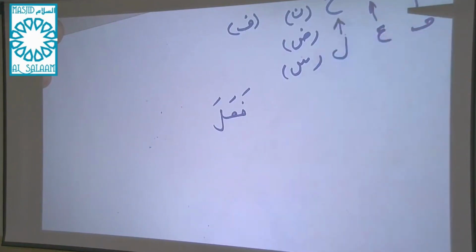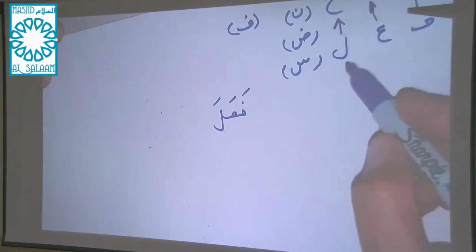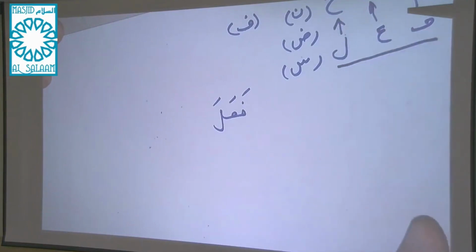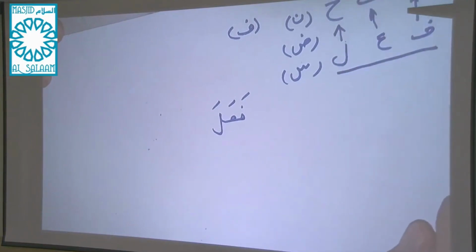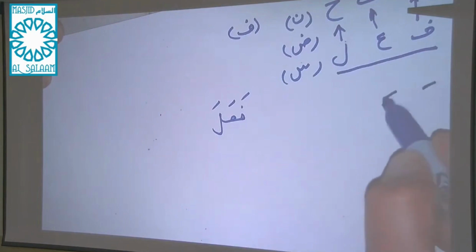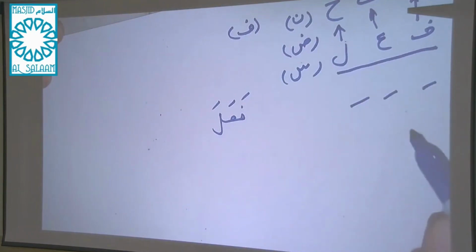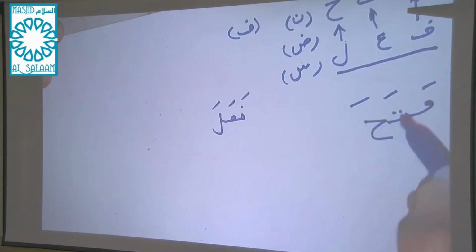Ha. Got it? So the first part was to identify what my letters are, and I position them in the right location. Then what is my haraka? I can also write the haraka, right? So that will be fa, ta, ha. Got it?